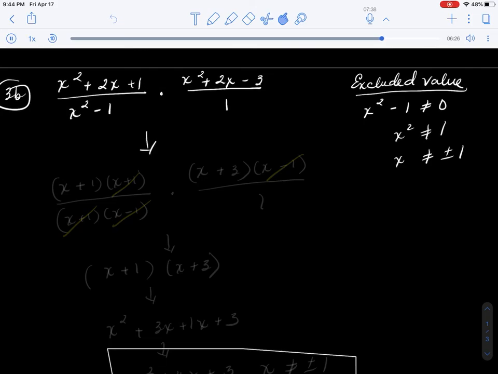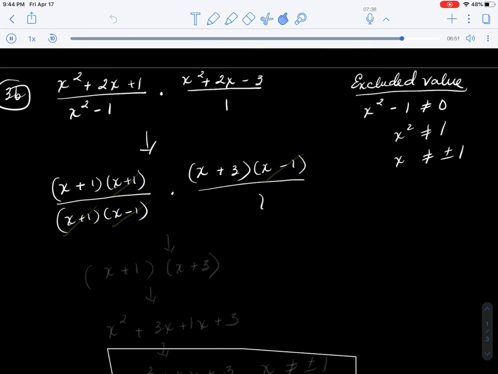Okay, let me simplify. Let me factor this out. The top one is going to give me x plus 1, x plus 1. On the bottom, it's going to give me x plus 1, x minus 1, multiplied by x plus 3, x minus 1 over 1. Let me simplify it further. I can cancel over here, and I can cancel over here.